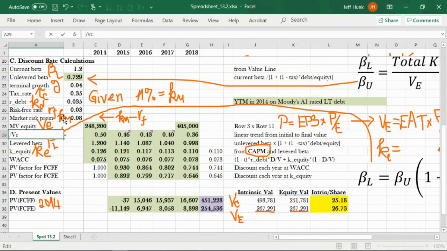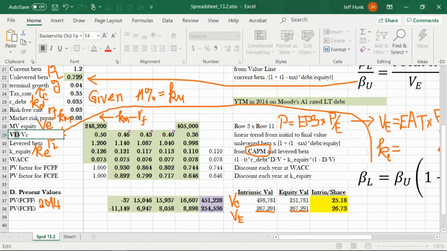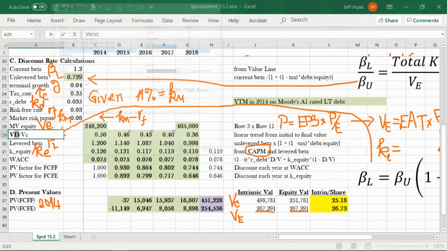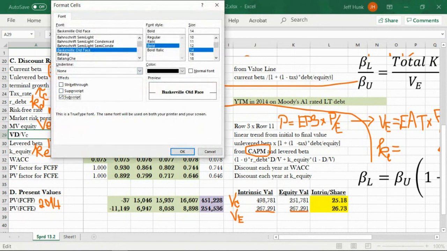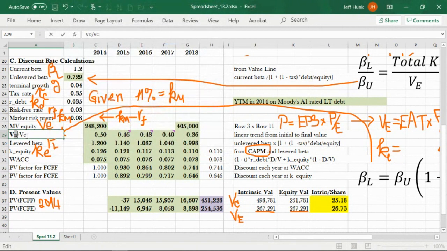Why is it not uppercase? Value of debt over value of, so value of that, I'm going to turn it into a subscript. I want to make the whole thing bold.